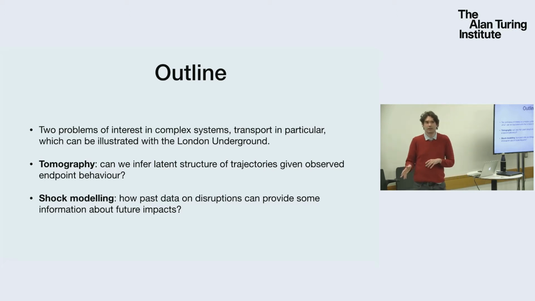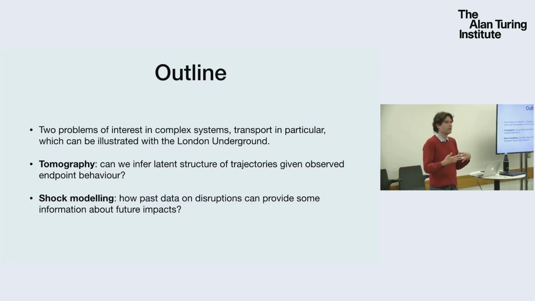So the presentation has two halves. They are not immediately connected. It's part of a bigger project, and these parts haven't been put together yet. But the main two problems I'm talking about, one corresponds to understanding some hidden structure in passenger behavior. So you're all familiar with the Oyster card here, how it works, how you use it on a daily basis.